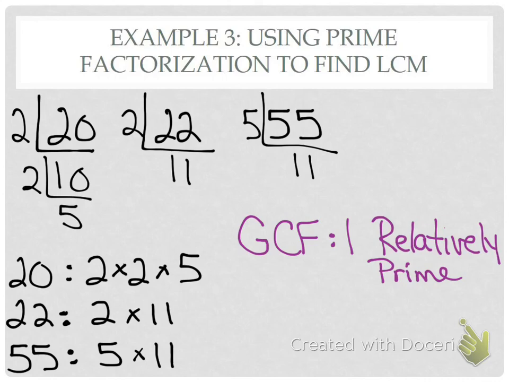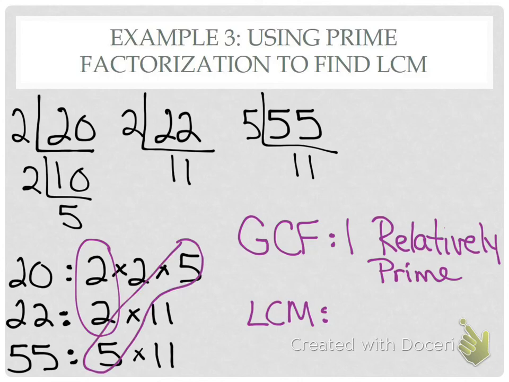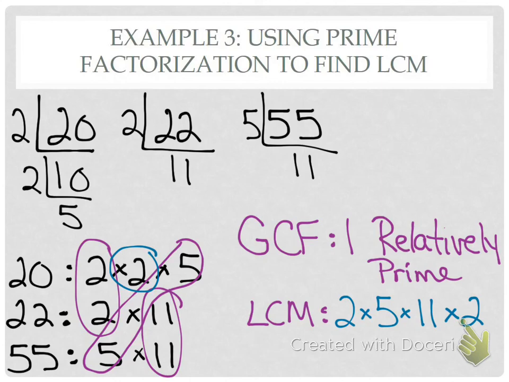A group of 2s, a group of 5s, and a group of 11s. So you go 2, 5, and 11 in your LCM. Now, do you have any leftovers? A 2. So when you multiply them all together, you get 220 for the LCM.